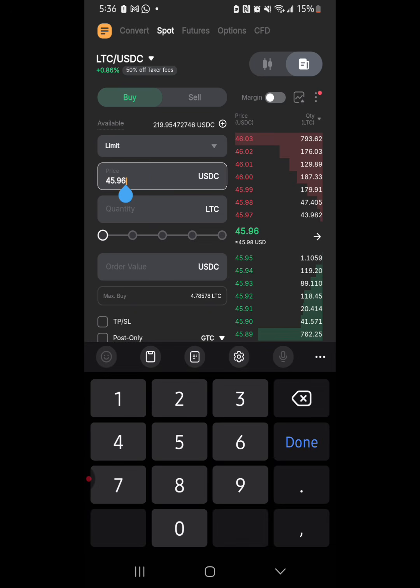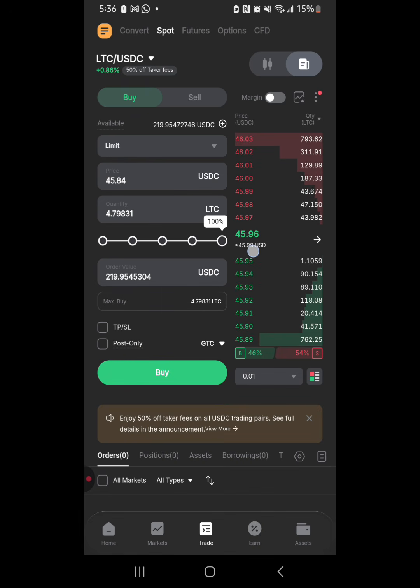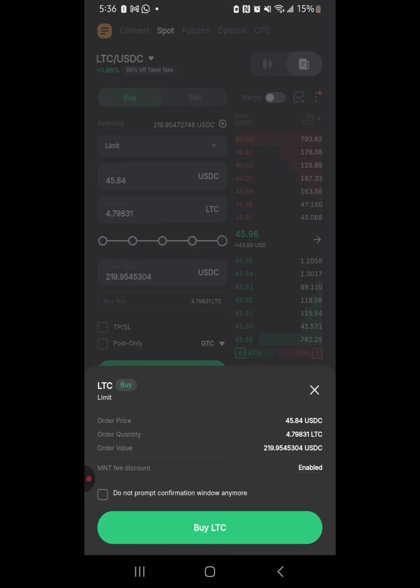So in this case, we're going to be setting our price to buy it at 45.84 because that's the price we were shown via the differences. So quickly adjust everything there and initiate your buy.